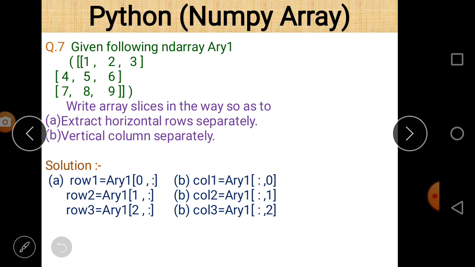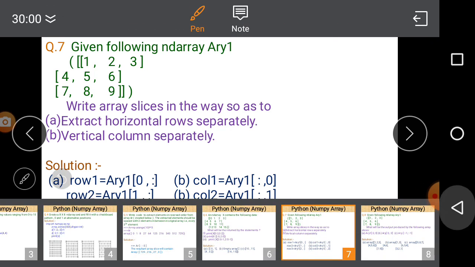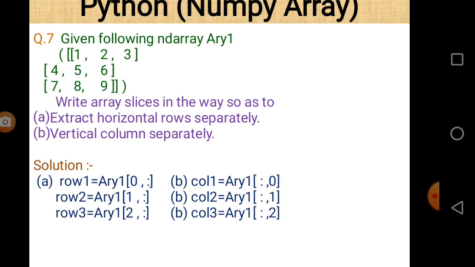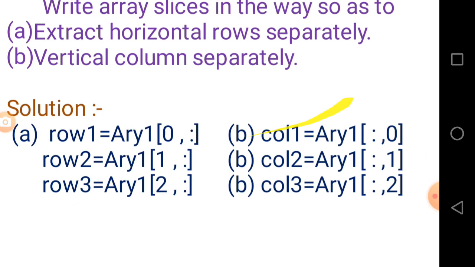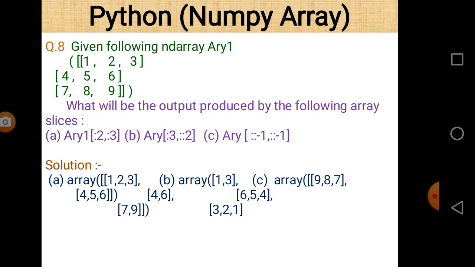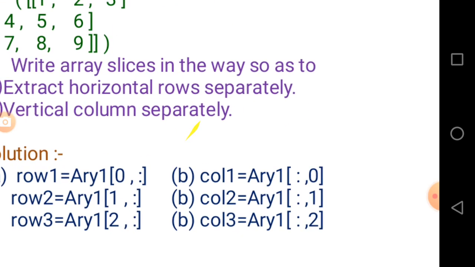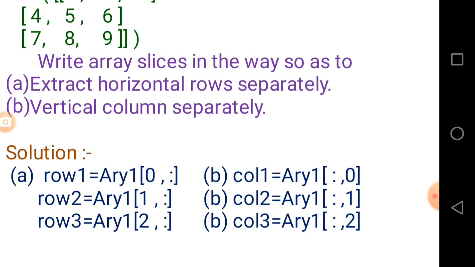For rows, just write the name of the array. For the first row, write its index position, which is 0 in this case, then comma colon. Colon means each and every column.